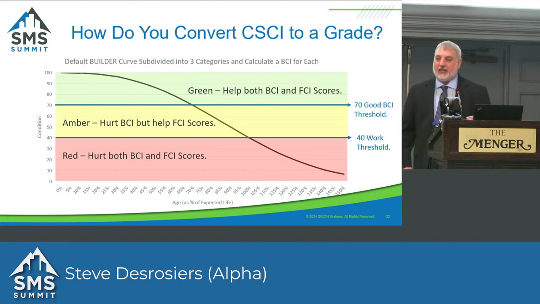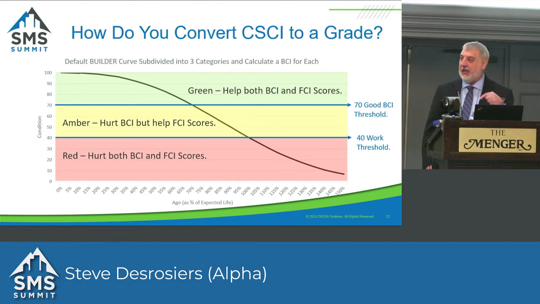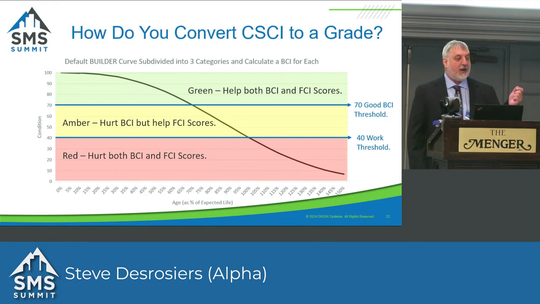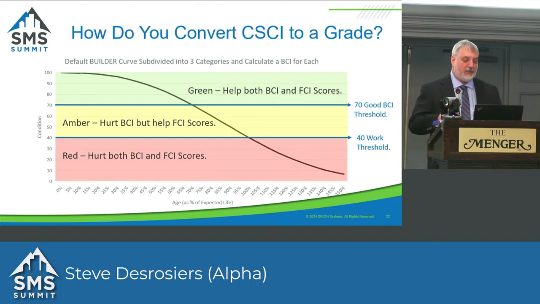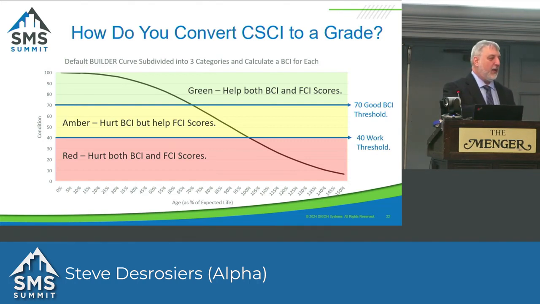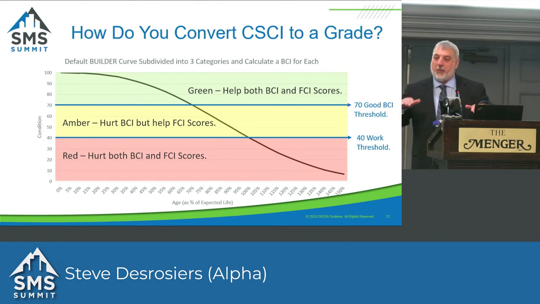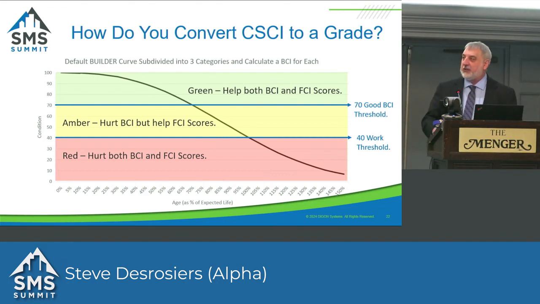So we looked at the life of a section in Builder. It starts out with a CSCI of 100, and as long as it's above whatever threshold you set, and I got 70 there, and I'll explain why, as long as it's above that threshold, it's going to contribute to both a good BCI and a good FCI.